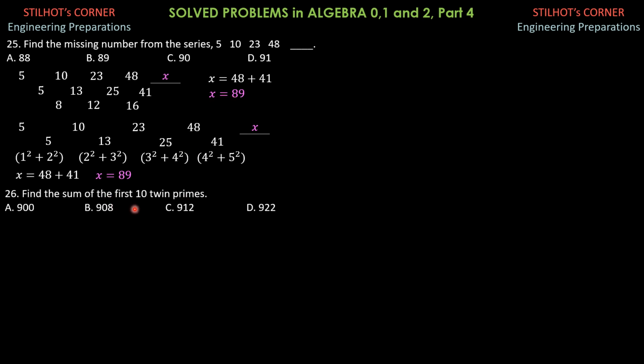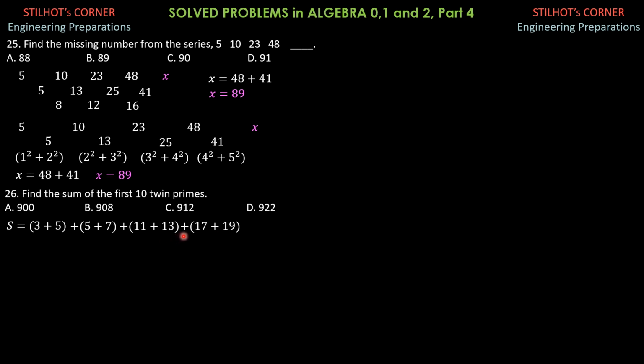Find the sum of the first 10 twin primes. So these twin primes are, first, 3 and 5. Next is 5 and 7. Next is 11 and 13.